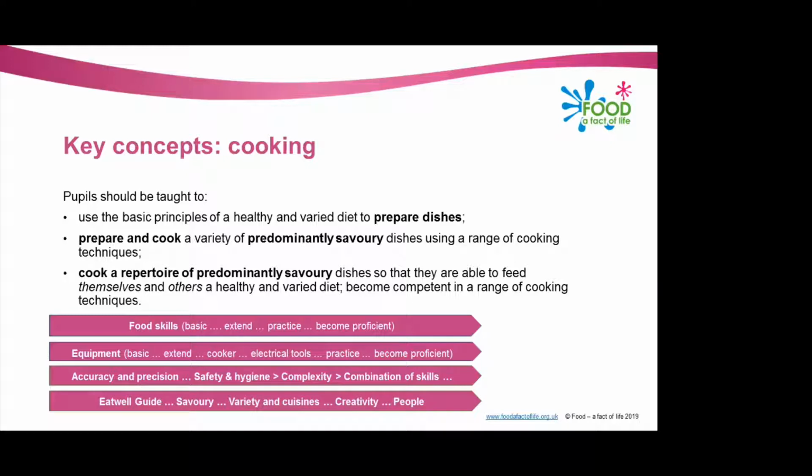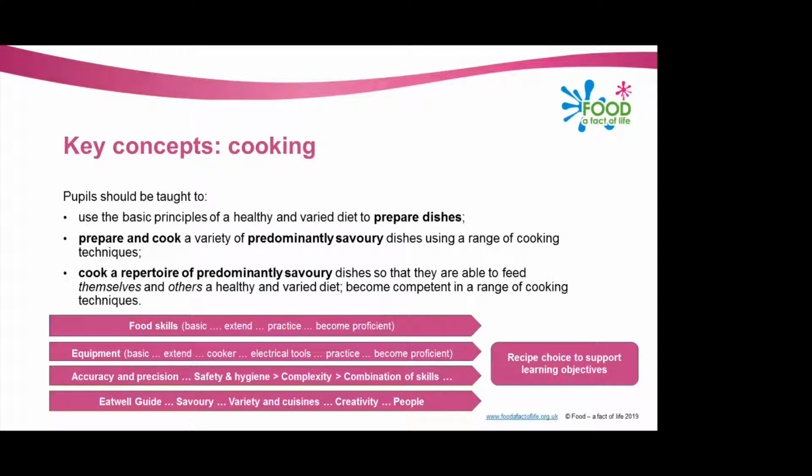And lastly, within this, we also need to consider the Eat Well guide, so our healthy eating messages as we go through, the savoury aspect, variety in cuisines, creativity, and of course, we need to think about people, because we eat. And personally, I believe in enjoying food. And really what this leads to is we need to think about this helping us decide about what recipes we're going to select.